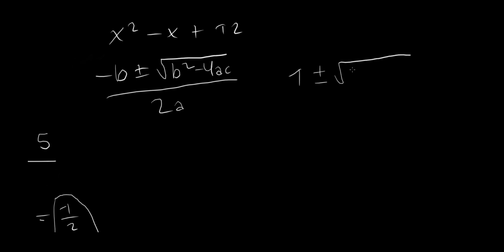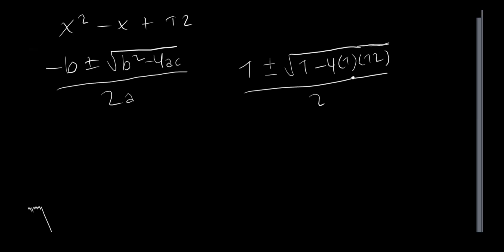Negative 1 squared is 1, because negative times negative results in a positive. Minus 4 times a, which is 1, times c, which is 12, over 2a. 2 times 1 is just 2.